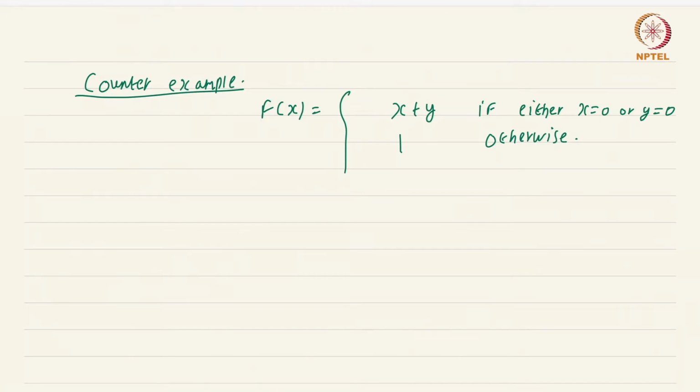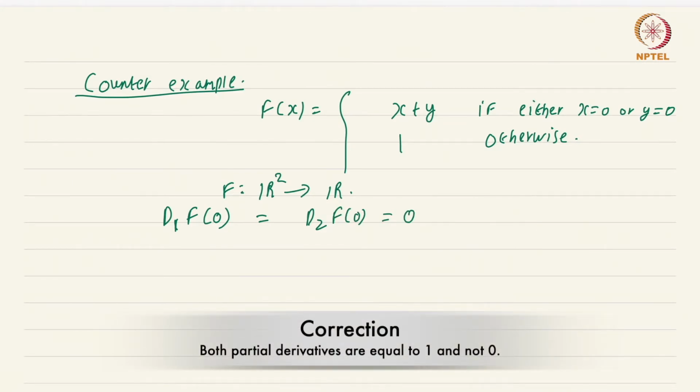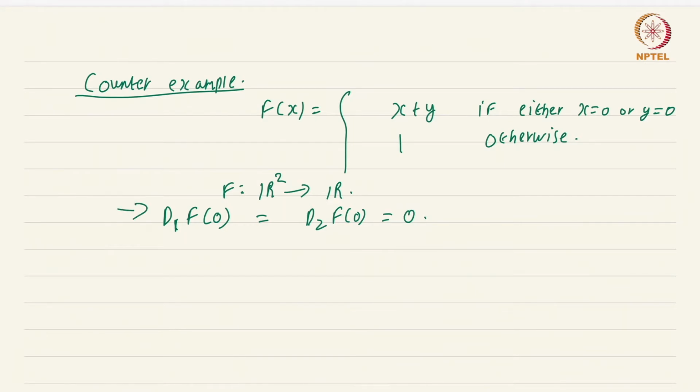So this is a rather simple function of two variables, a function f from R2 to R. Now you can easily compute that d1 f(0) equals d2 f(0) equals 0. Why is this the case? Because you fix the second variable to be 0, so y is 0, so the function f is 0. Now when you differentiate it, you are just differentiating the constant function 0, so you will get 0.